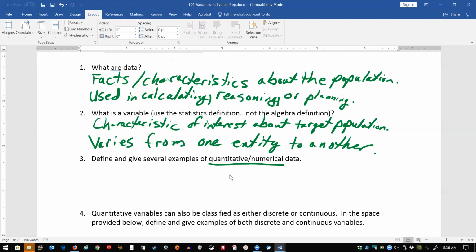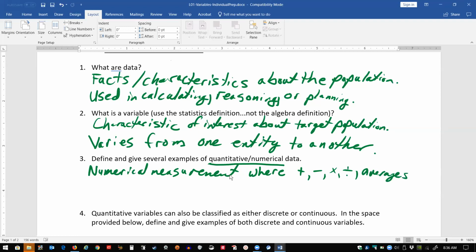Typically, quantitative or numerical data involves some type of numerical measurement, and going even beyond that, it's a numerical measurement where operations like addition, subtraction, multiplication, division, and averages make sense.